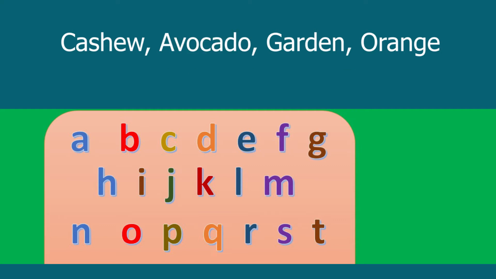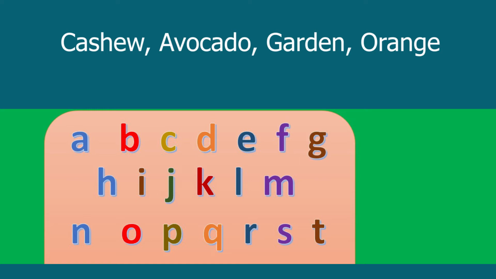Now the second letter in our alphabet is B. But do we have any words in the list with B? No, we don't. So we keep going on and we look for the next letter that would appear in the list, and we ensure it's in the order of the alphabet.